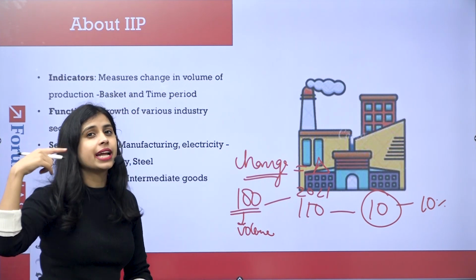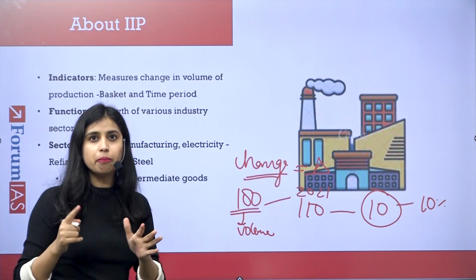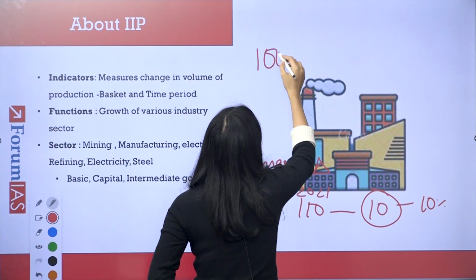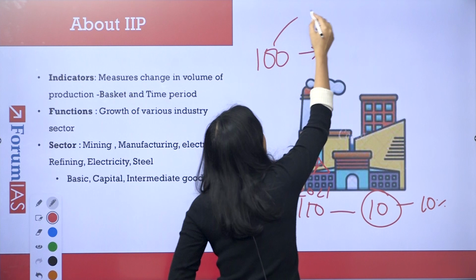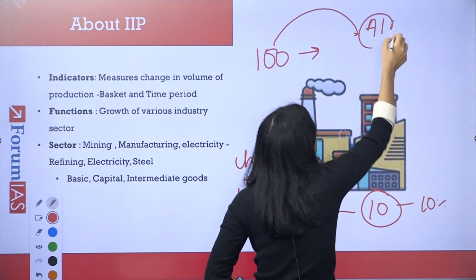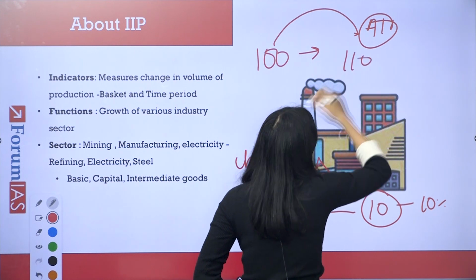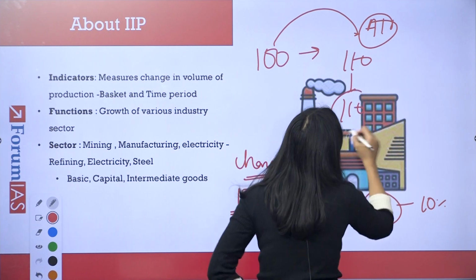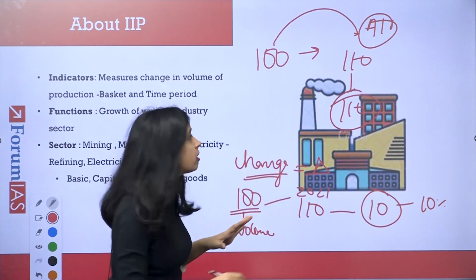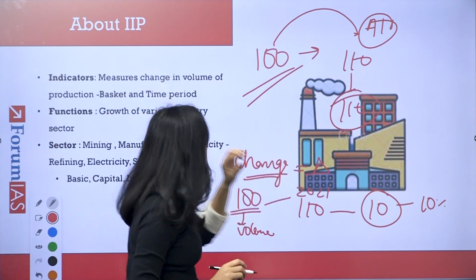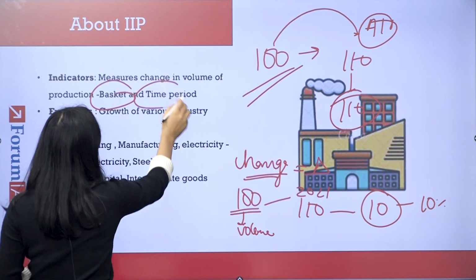Because if the basket keeps changing, you may not be able to measure the accurate growth rate. Earlier you were measuring 100 items. Next year, since the number of items has grown with the discovery of artificial intelligence and other goods, now the items will be 110. So you would measure the unit change in 110. However, this is not an accurate measurement because the base year does not account for the same number of items. That's why the basket is fixed, and so is the time period.